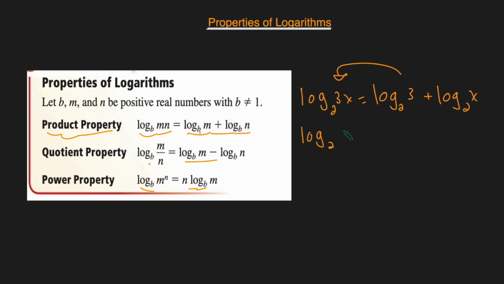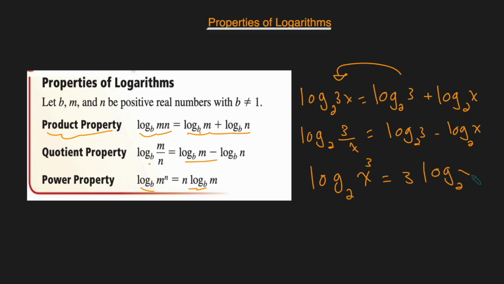In the same way, if it's log of 3 over x, that translates to log base 2 of 3 minus log base 2 of x. In the power rule, if we have log base 2 of x to the 3, or x cubed, that changes to 3 log base 2 of x.